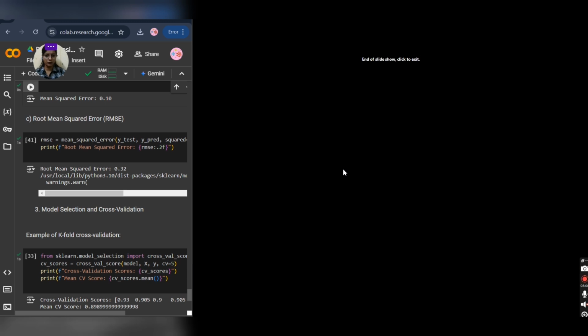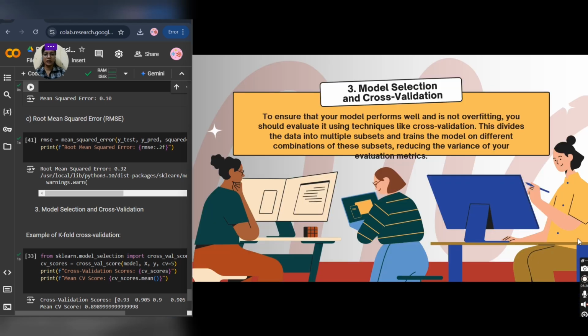Now, let us talk about the third topic, that is model selection and cross validation. To ensure that your model performs well and is not overfitting, you should evaluate it using techniques like cross validation. This divides the data into multiple subsets and trains the model on different combinations of these subsets, reducing the variance of our evaluation metrics.